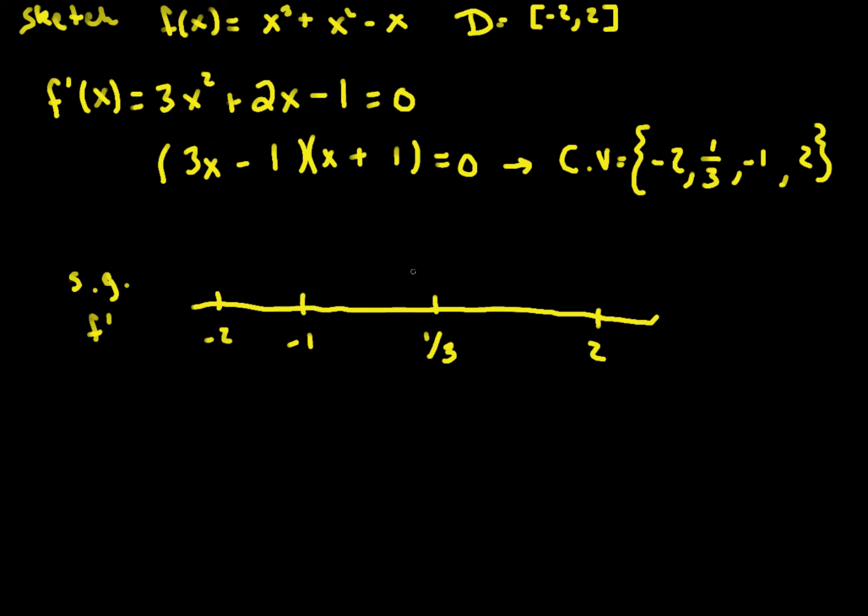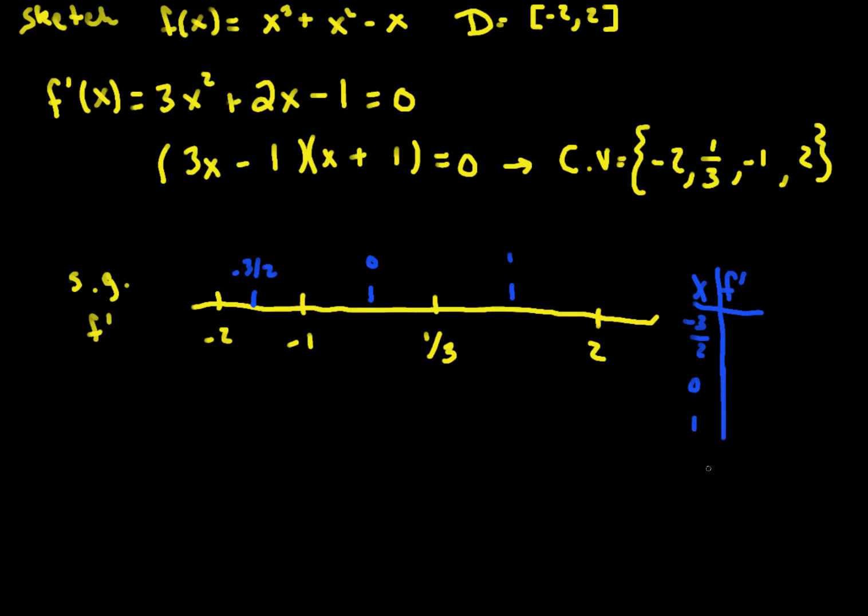So if I were to take the value negative 3/2, I could take the value 0, I could take the value 1, and evaluate f prime at negative 3/2, at 0, and at 1.